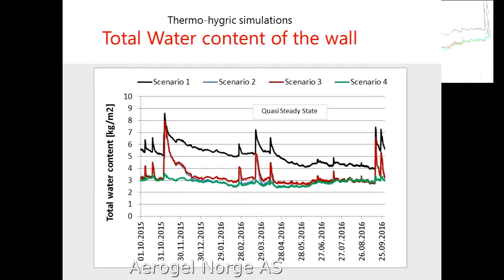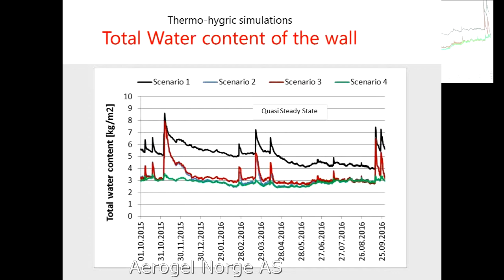You see, scenario 1 is the as is, so the uninsulated pre-retrofit situation, and all the other 3 are the other scenarios. And it's clear that even here, at the total water content of the whole construction, scenario 4 shows, especially here, where this must be some rainy events, a very low water uptake.